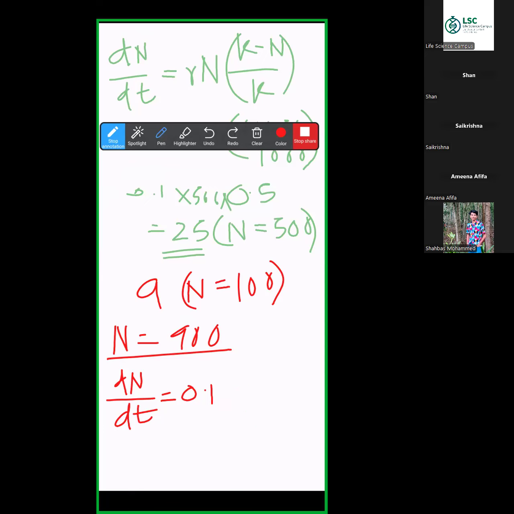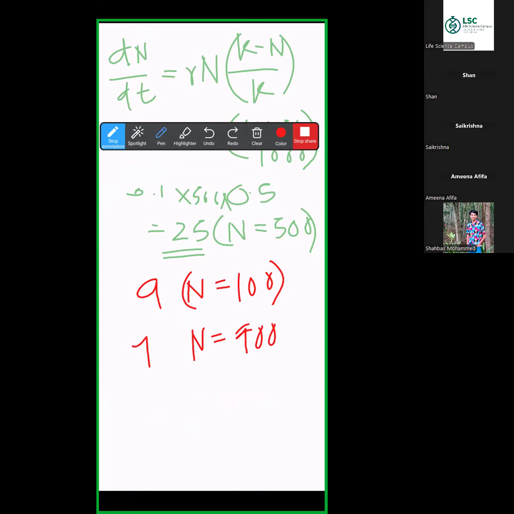So we have understood that when the N value is 100 and when the N value is 900, the value of delta N by delta t is 9. But when the N value is 500, the rate of change of population size is 25, as compared to this 9.